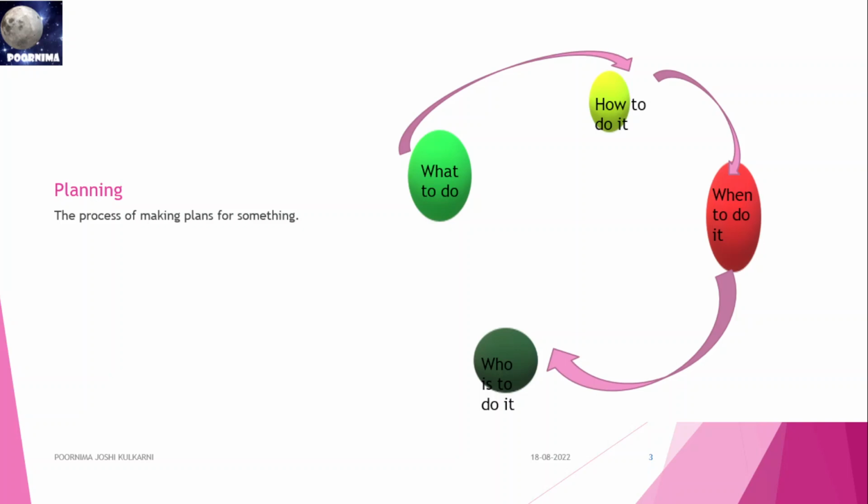You have to plan when to do it, usually in the vacation. Who is going on the trip? You are going with your friends or family. You have to decide that before going, who is going along with you. This is the process of planning.